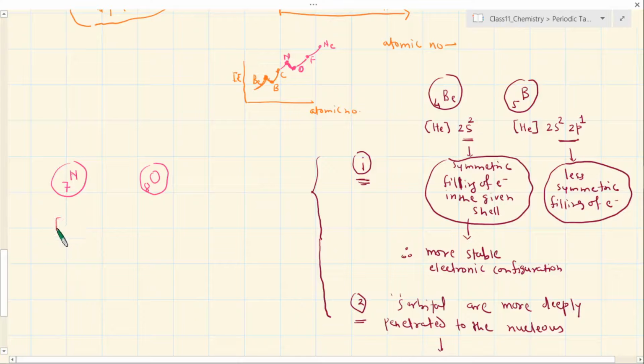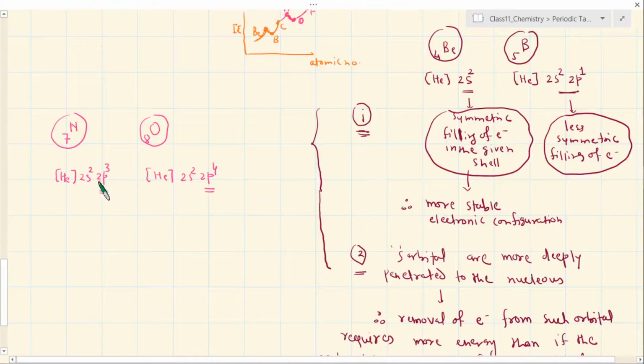You always start by looking at the electronic configuration. This is 2s2 and here will be 2p, so 2, 2 and 3, that means 7. Then for oxygen it is 2s2, 2p4, because the last electron here also is in p, so only one factor is enough to explain this: the symmetry of the filling of the orbital.